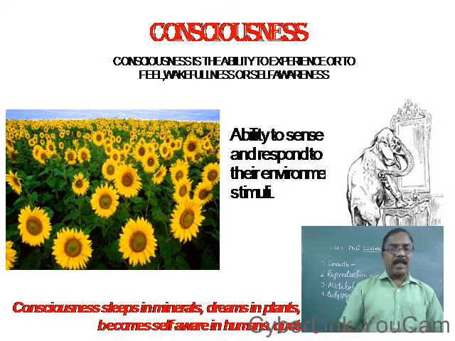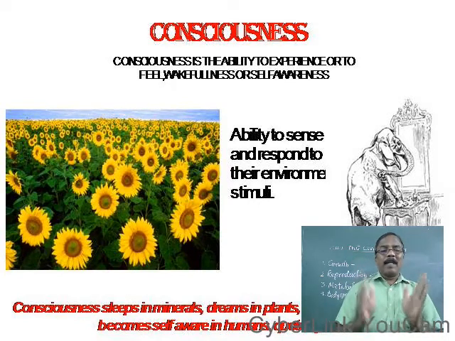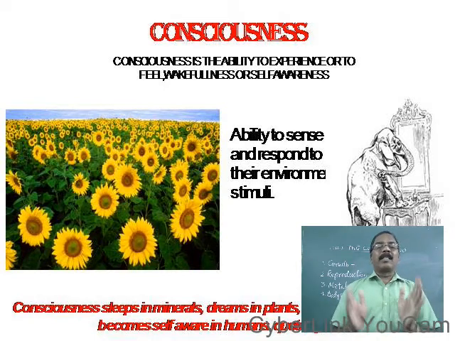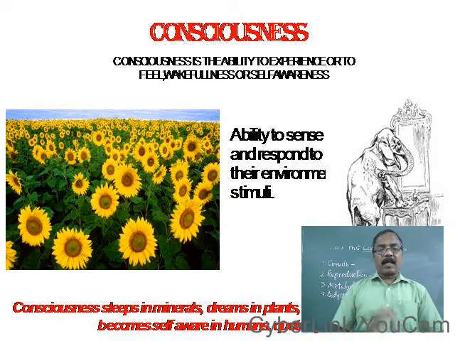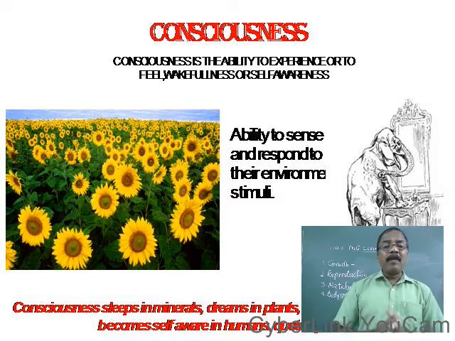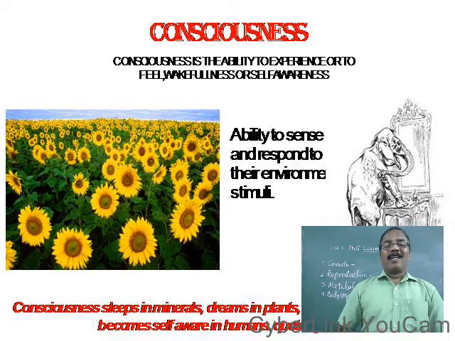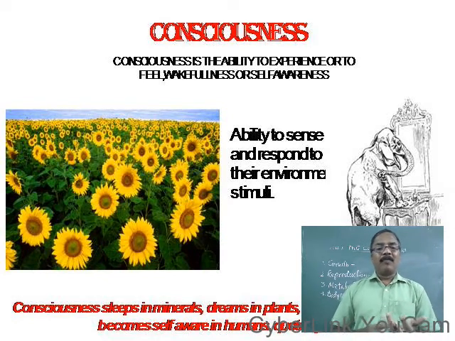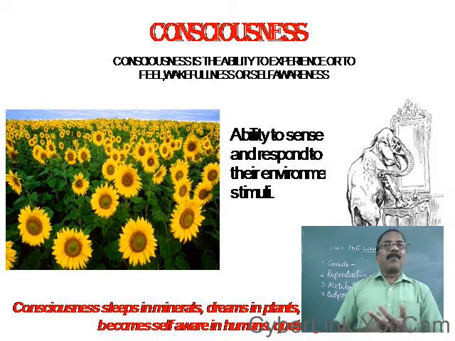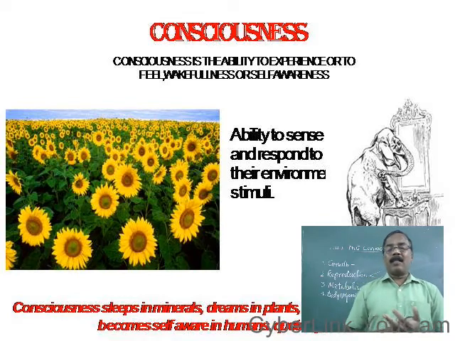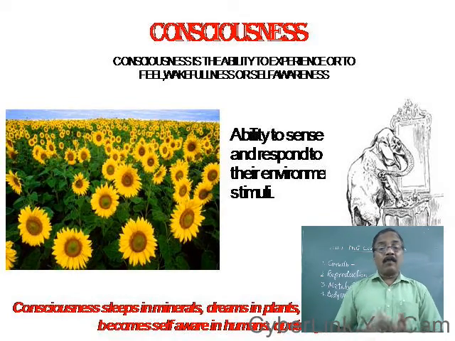I told you from the starting itself. So what are the main things we studied here? Living things are entirely different from non-living things. That's the main point. And what makes them different are these characters we have studied. Like growth is an example. Difference in growth shown by plants, living things and non-living things.